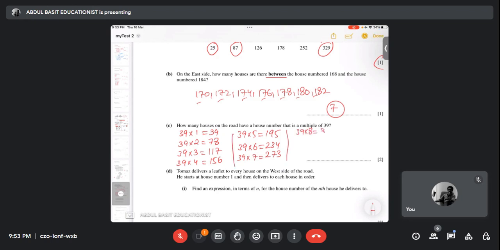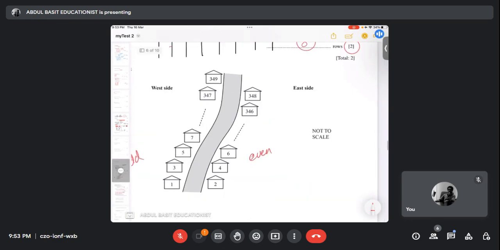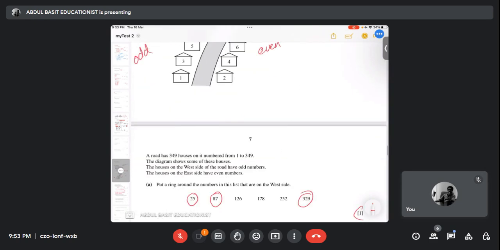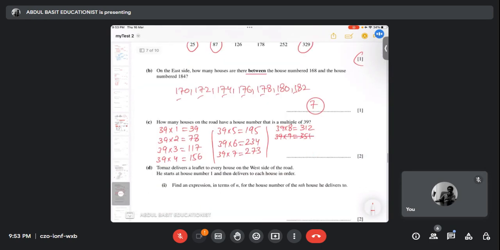Okay, 9, 351. Okay, one minute, let's check what the last number is. It's 349, so this does not come, 351 does not come. Count, son. There are 8 houses with a number which is a multiple of 39. Agree? Yes or no?